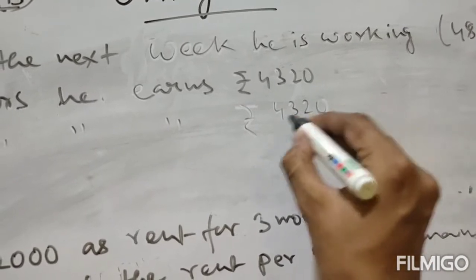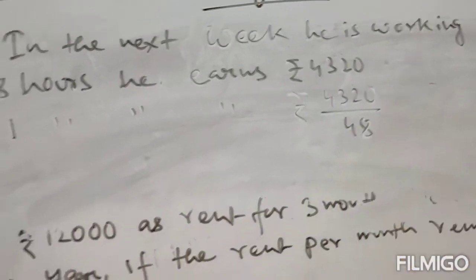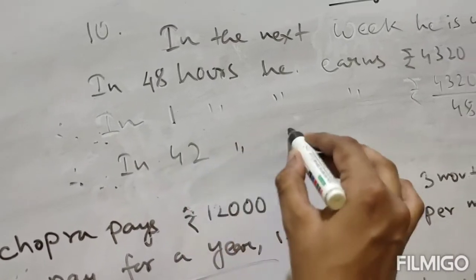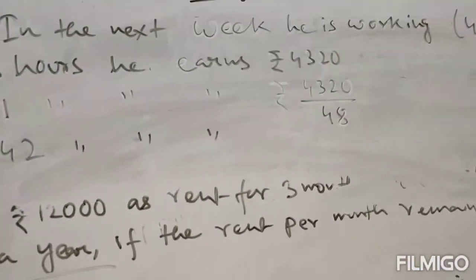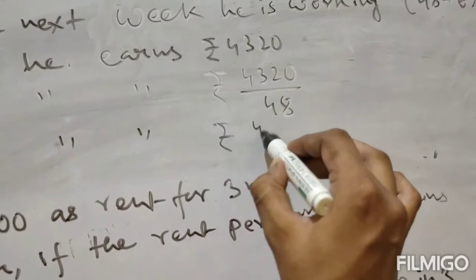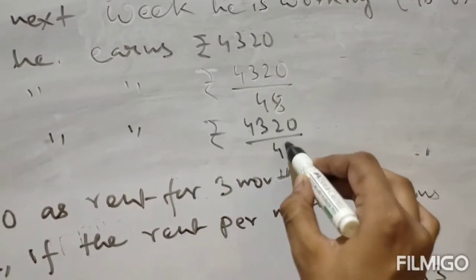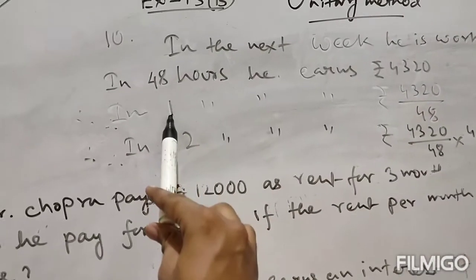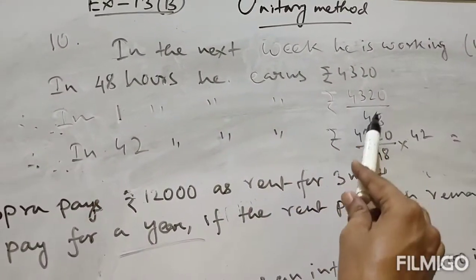If it decreases, that means divide. Now he will calculate, if he is working 42 hours, how much he earns. So 4320 by 48 into 42, because in 1 hour he is earning rupees 4320 by 48.